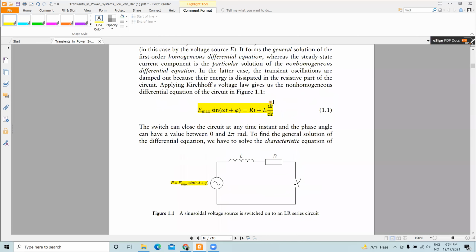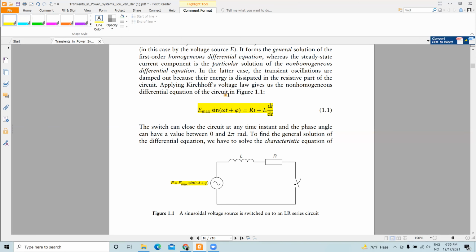This is a differential equation. The voltage source E max sine of omega t equals Ri plus L di by dt, where di by dt is the derivative of the current. So the solution I should be such that the right hand side, Ri plus L di by dt, gives a sinusoidal. The current should be a function whose derivative gives the same kind of function again, so that it becomes sinusoidal.